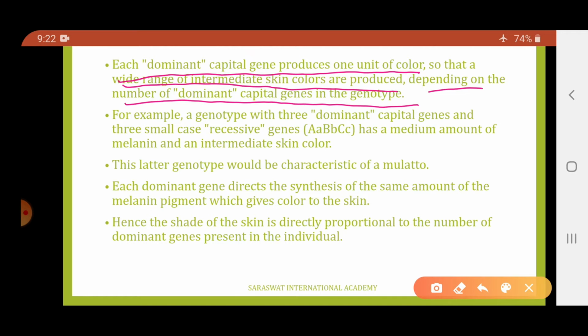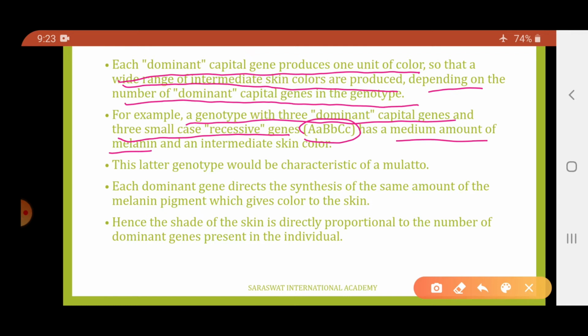For example, a genotype with 3 dominant alleles and 3 recessive alleles, that is capital A, small a, capital B, small b, capital C, small c. Here a medium amount of melanin is produced because there are 3 dominant genes and 3 recessive genes.